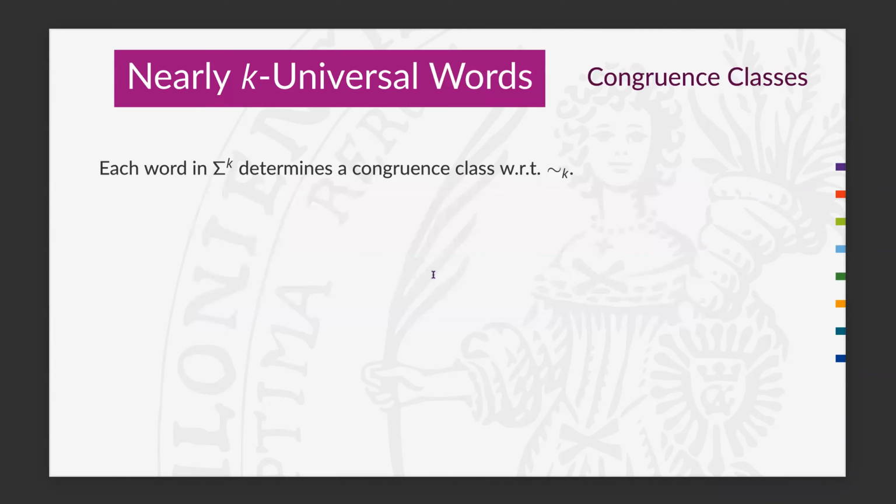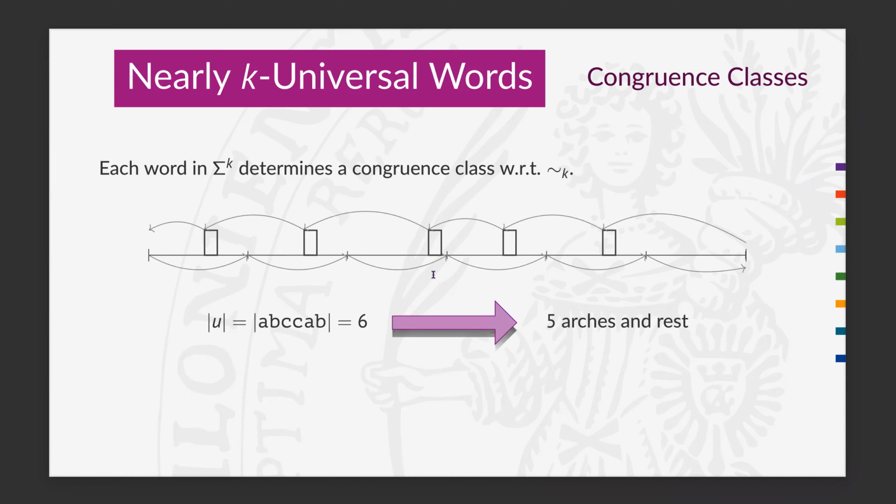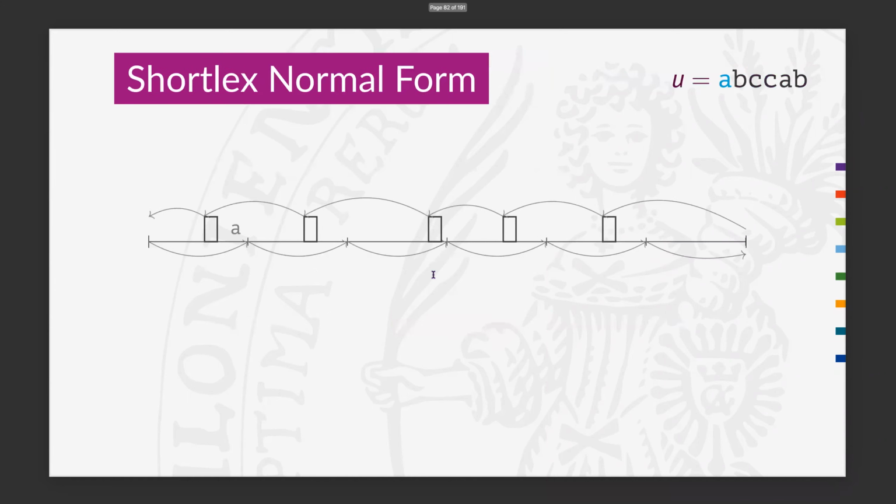This means that each word in sigma to the K determines a congruence class with respect to Simon's congruence. Let's consider the word U with A, B, C, C, A, B. It has length 6. So if this one has to be absent, I know that I have 5 arches and I have a rest. So I'm drawing this, and now I can construct the word where U is exactly missing.